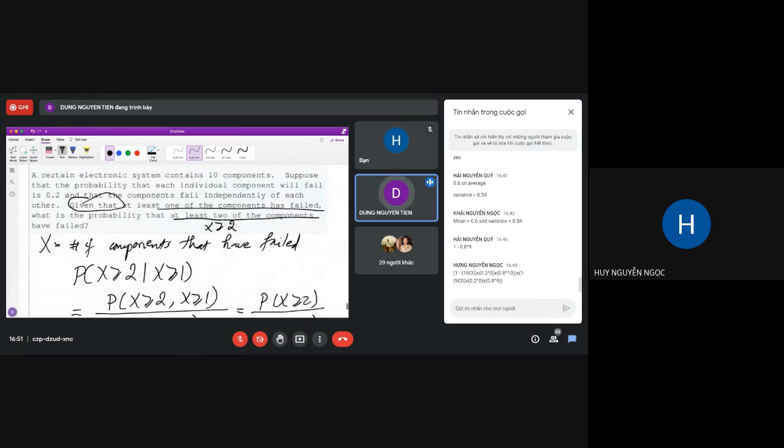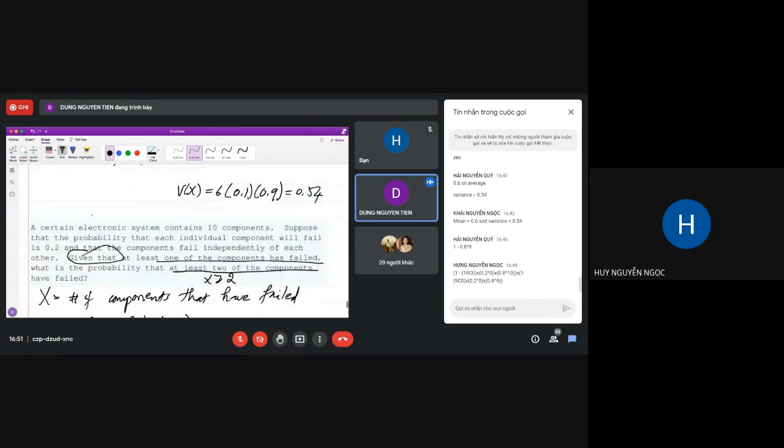And by the way, now what is the distribution of X? In this case, you have 10 components, so X follows a binomial distribution with the two parameters 10 and 20%.